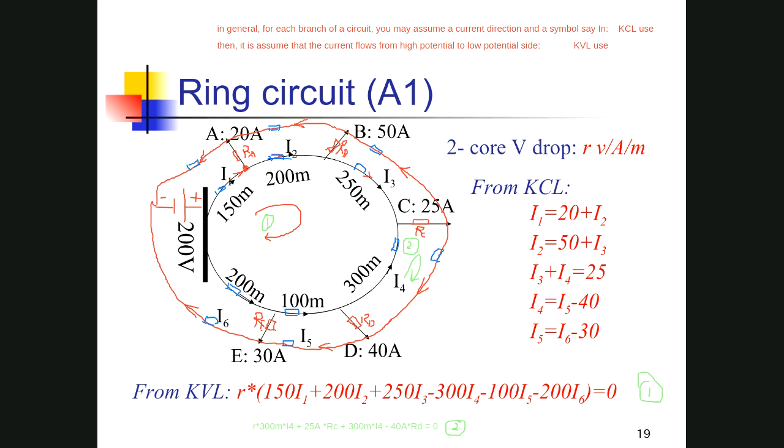R is the resistance per meter. So if you use loop 2, you have two additional unknowns: the resistance RD and the resistance RC. So you have to write more equations.